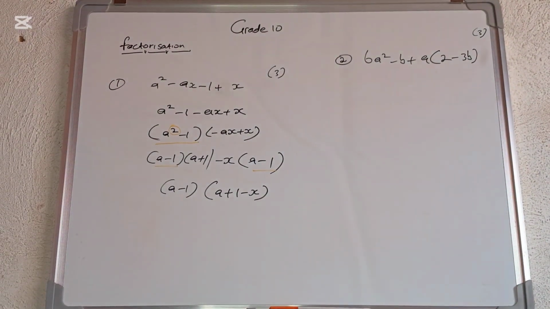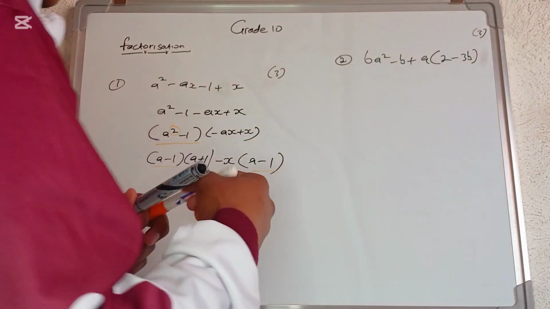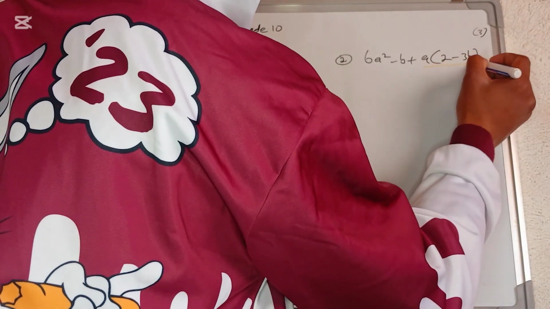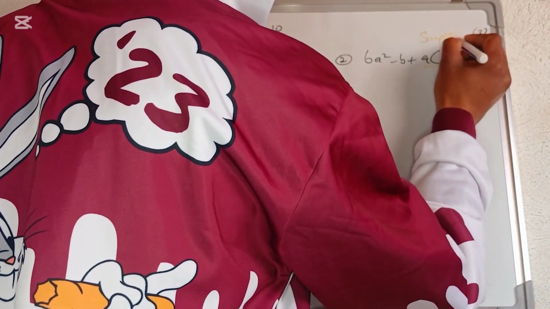So moving to the second one, we have 6a squared minus b plus a, open bracket 2 minus 3b. On this one, we can just factorize it without putting it in a solvable manner first. You have to start by simplifying this term, so we now put simplify in factorize.